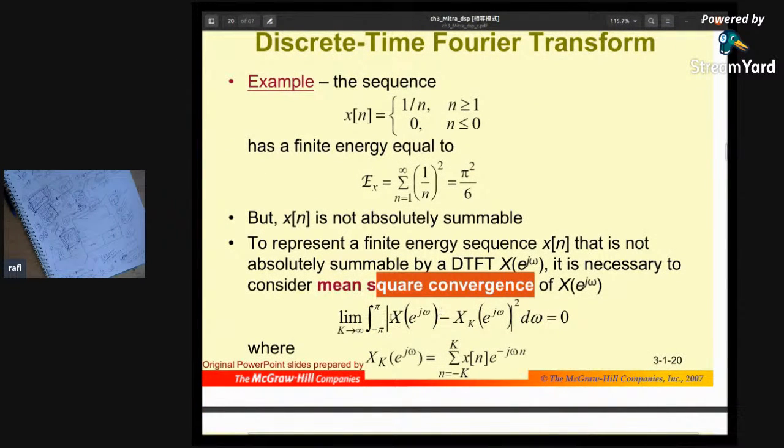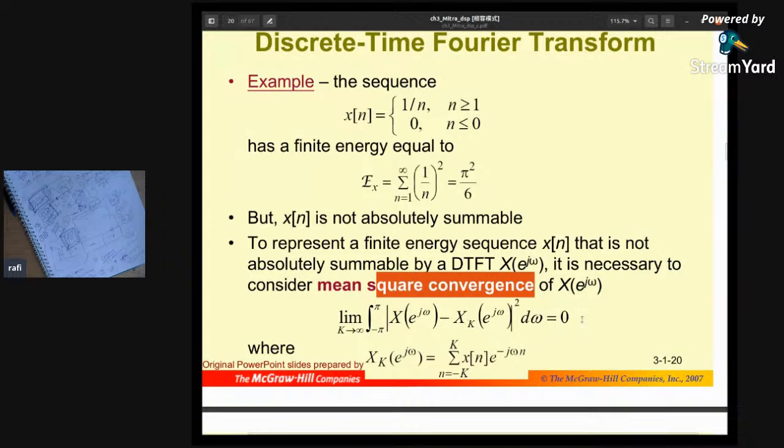That means the actual DTFT value and the kth order approximation of the DTFT will not be equal at each and every frequency, but the error over a range of frequencies, like minus pi to pi, will go to zero.